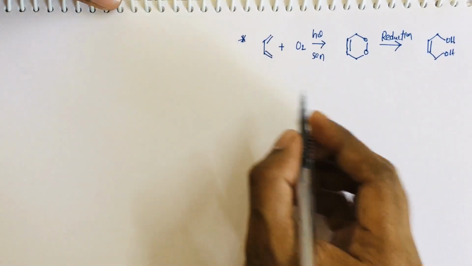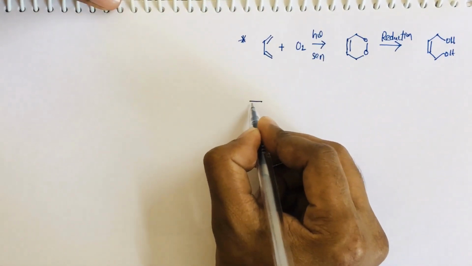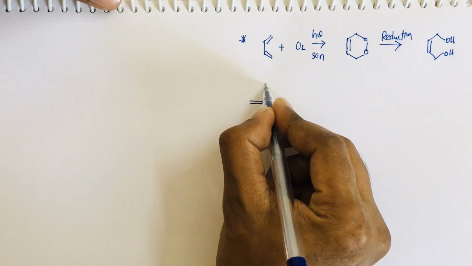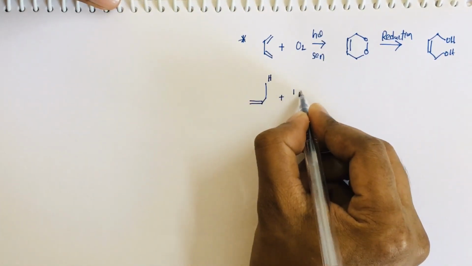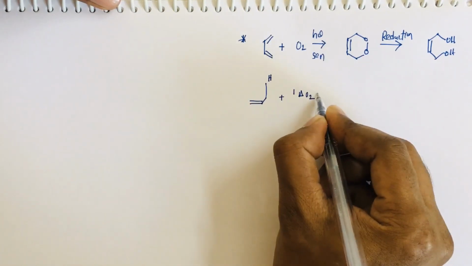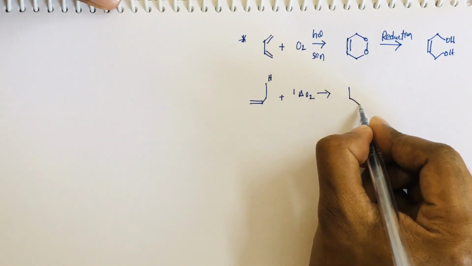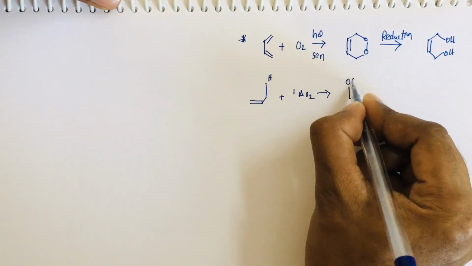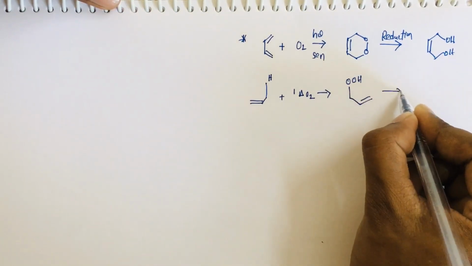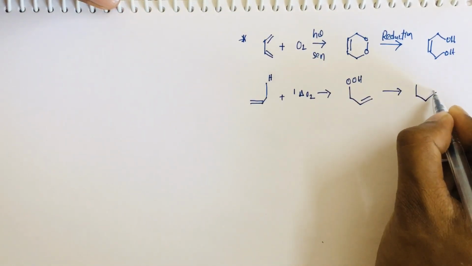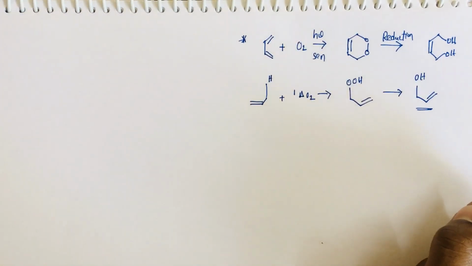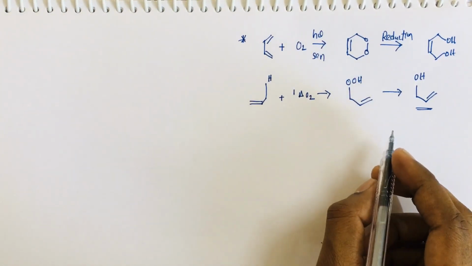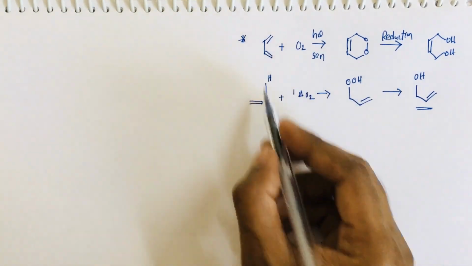Then we have the ene-type reaction here. Upon treatment with singlet oxygen, we get a hydroperoxide, and further upon reduction we get an allylic alcohol here. The mechanism involved here is a kind of ene reaction.